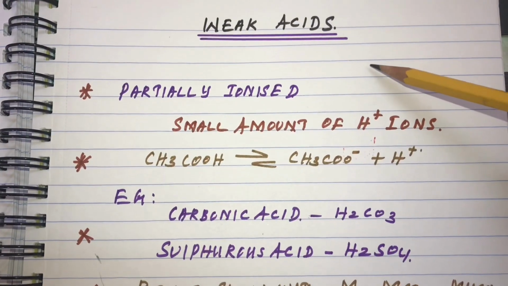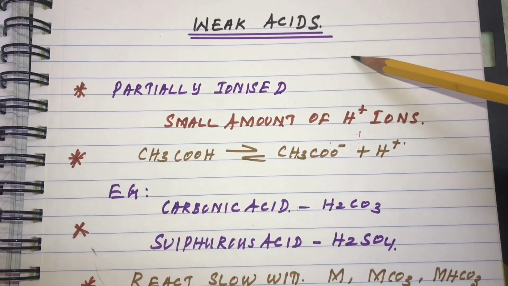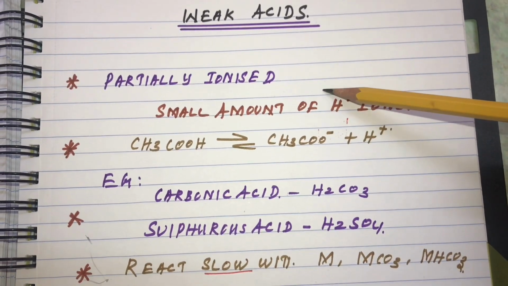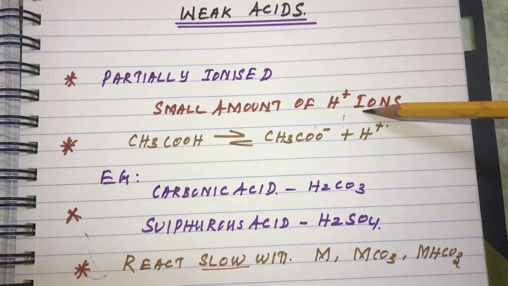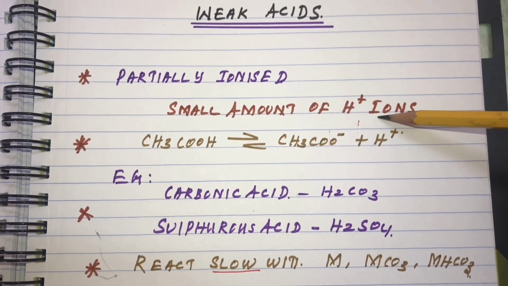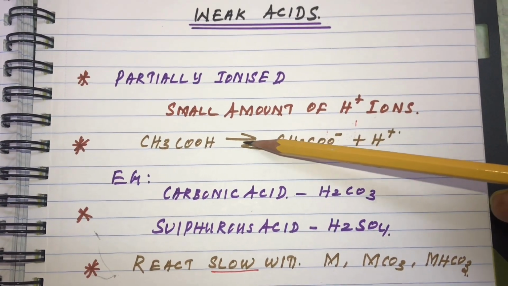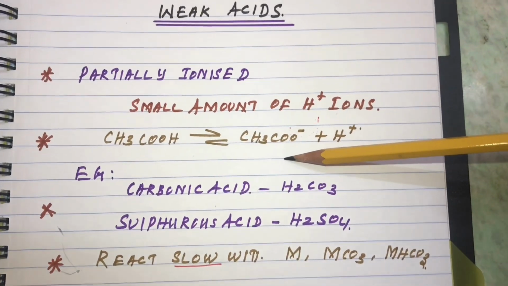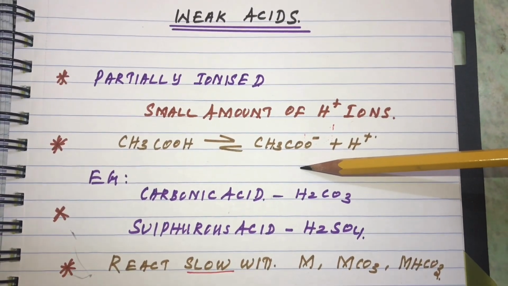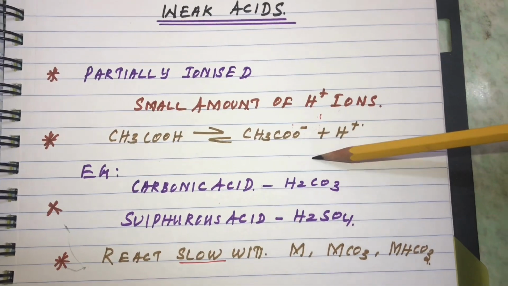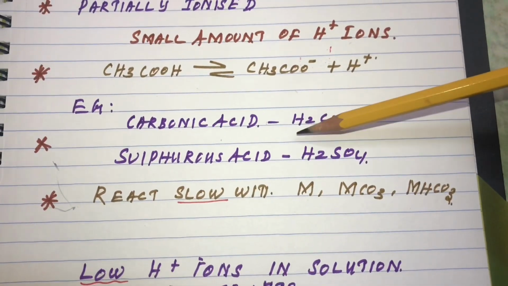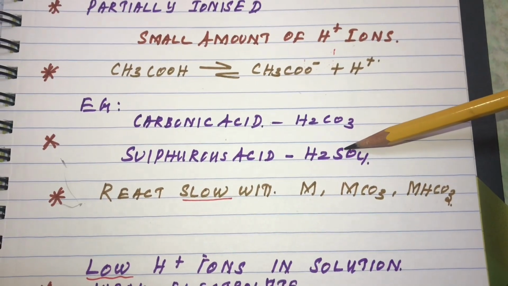Next are weak acids. Weak acids are only partially ionized in solution, so they give only a small amount of H plus ions. For example, acetic acid ionizes partially in solution, forming acetate ion and H plus ion. Examples of weak acids are carbonic acid, H2CO3, and sulfurous acid, H2SO3.